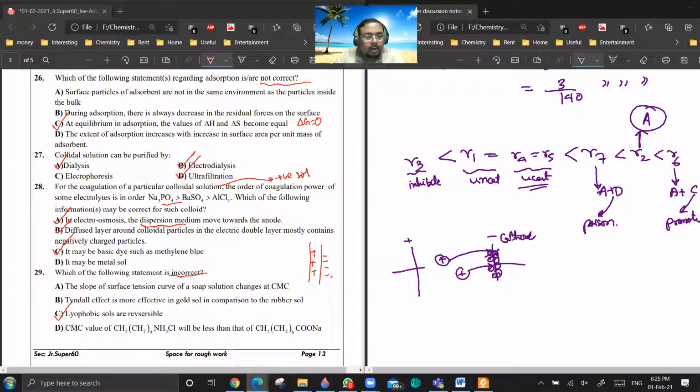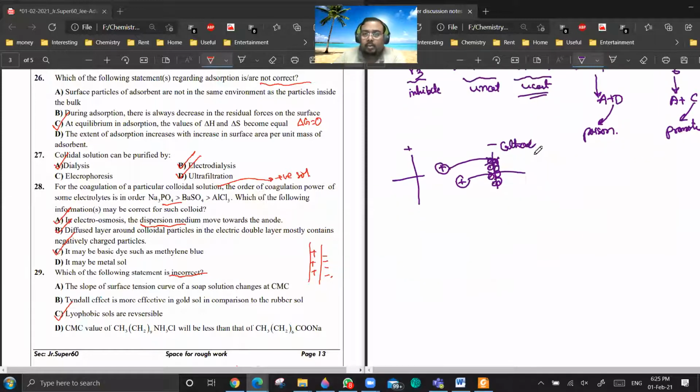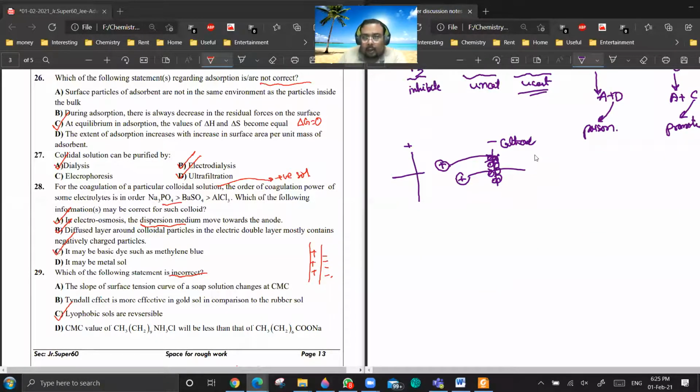Okay. 28. Sir, 28A. You see, normally in electrophoresis the colloidal particles move in the direction of the applied electric field. But suppose you put a semi-permeable membrane and then apply the electric field, what will happen?